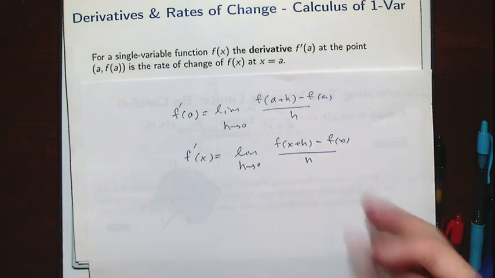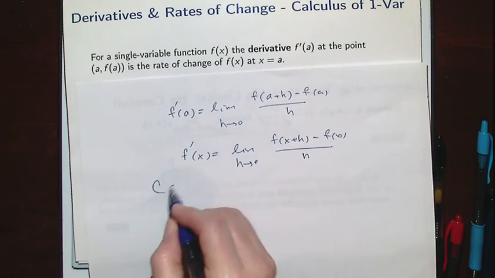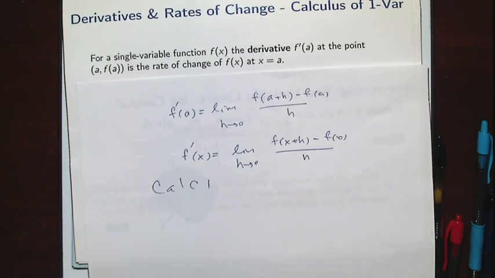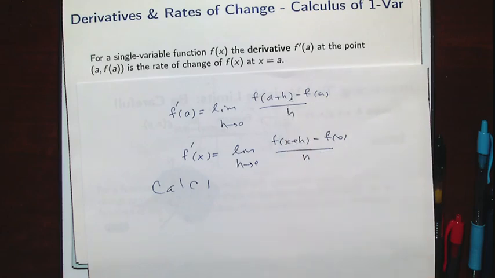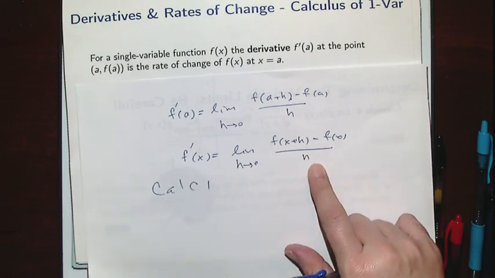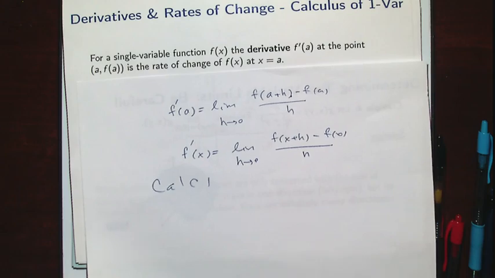So this was how we defined it, the Calc 1 way. But Calc 1 was nice because I was saying, with a small change in what variable? x. With a small change in x, I want to figure out the average rate of change, basically. It was always a small change in x. x was the input.